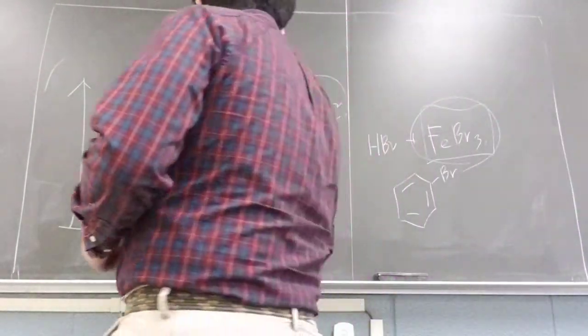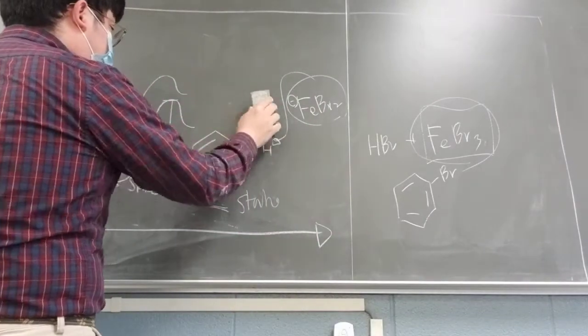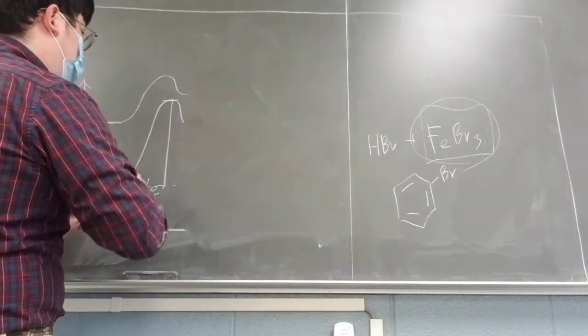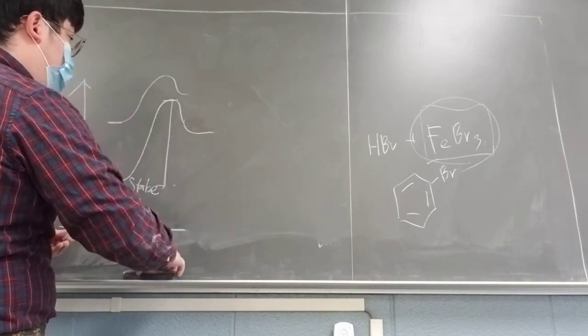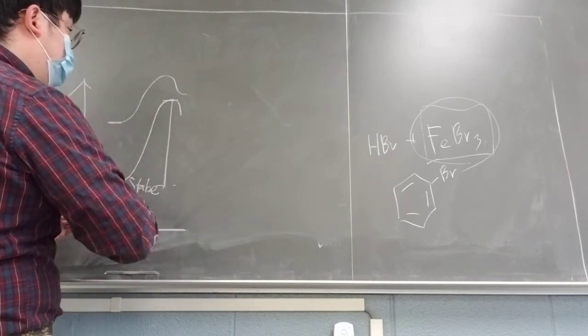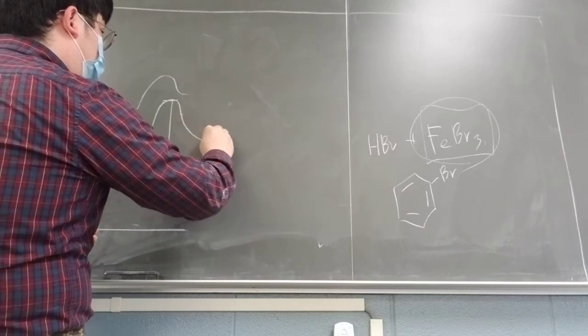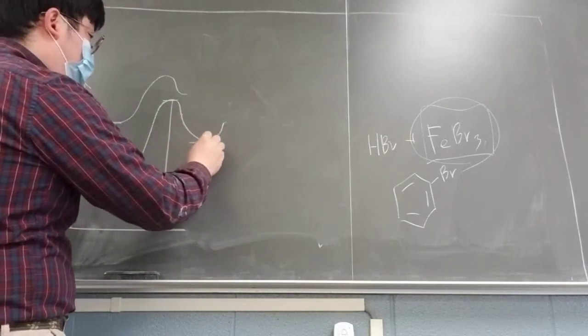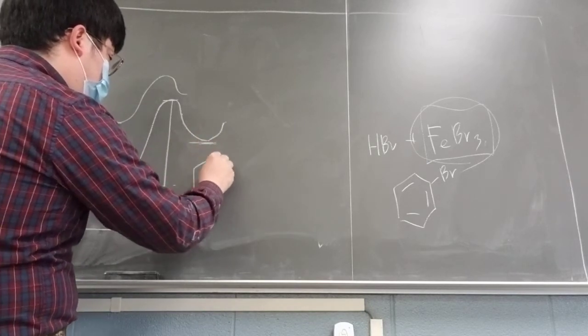So if that is happening over here, whenever you get to the carbocation form over here, maybe somewhere, you can have some intermediate over here, right? So whenever you have a reaction intermediate over here, which is this one, once again.